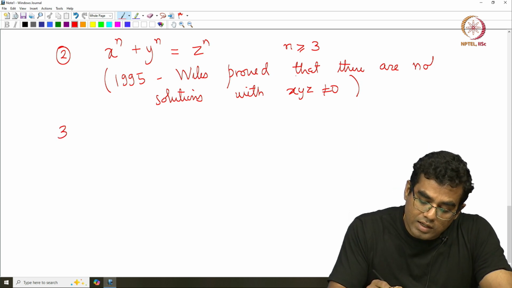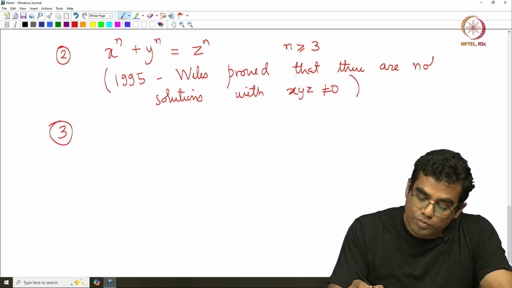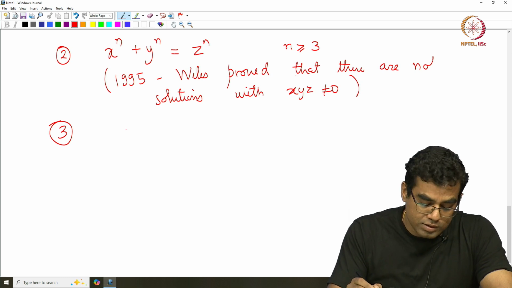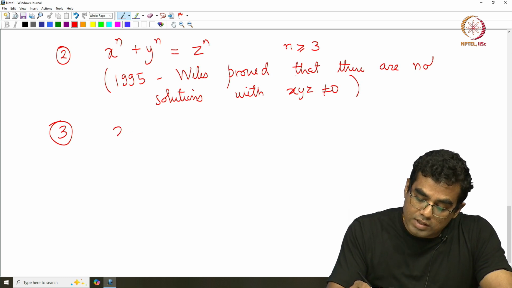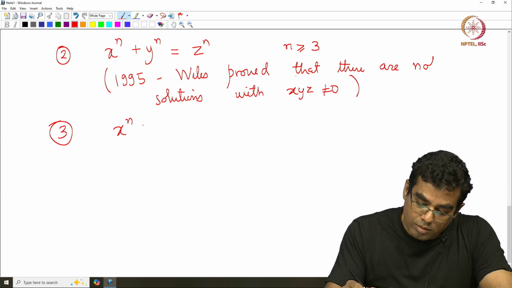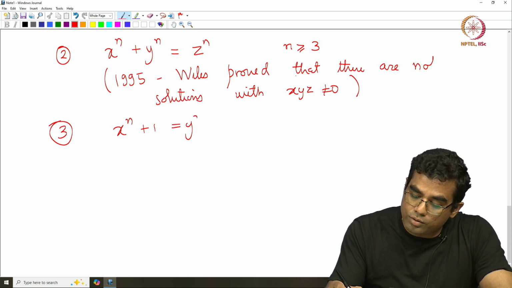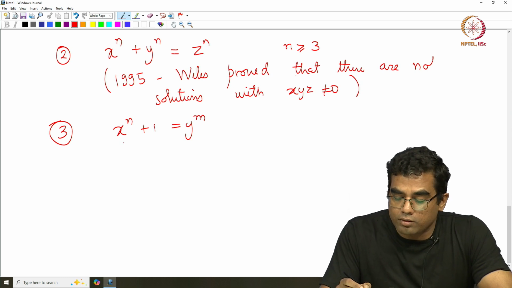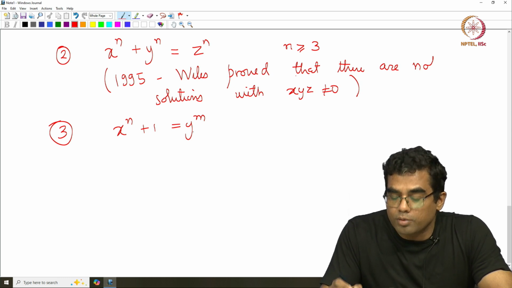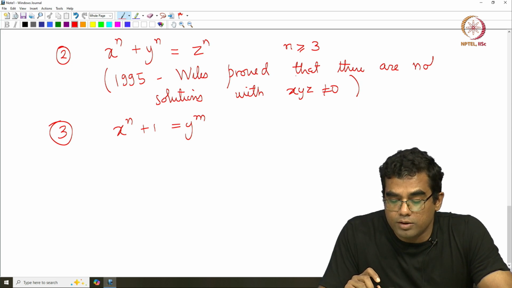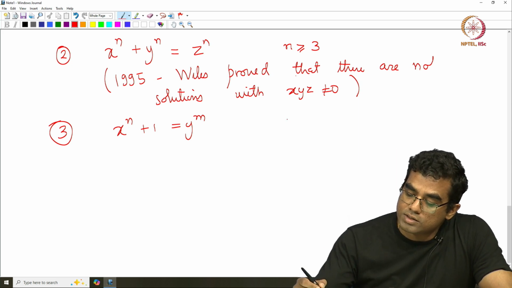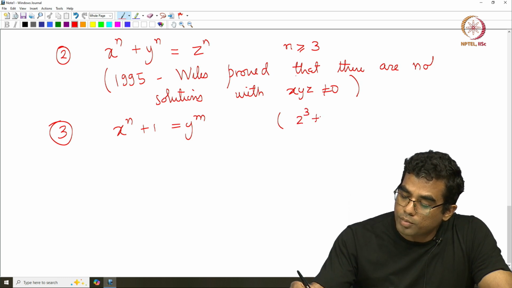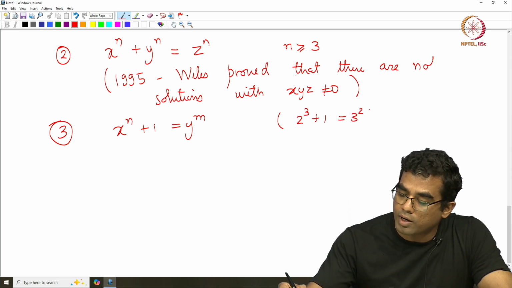Okay. Another example where it is not very easy to find all solutions is x to the n plus 1 equals y to the m. So, you want one integer power to differ from another integer power by exactly 1. Okay. And so, there is one solution to this, 2 cubed plus 1 equals 3 squared.